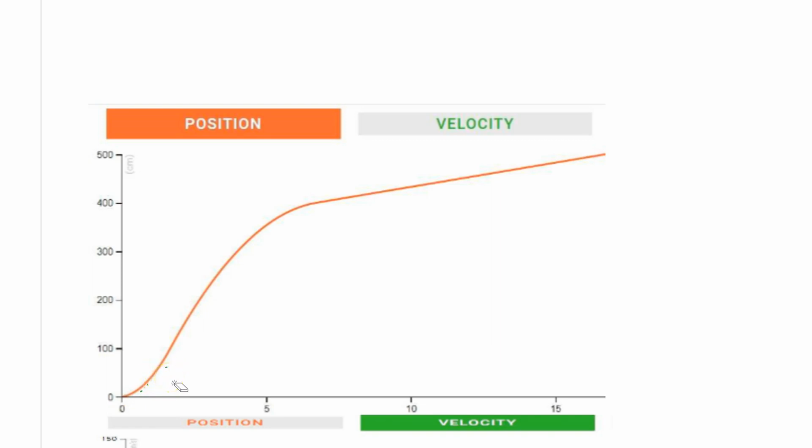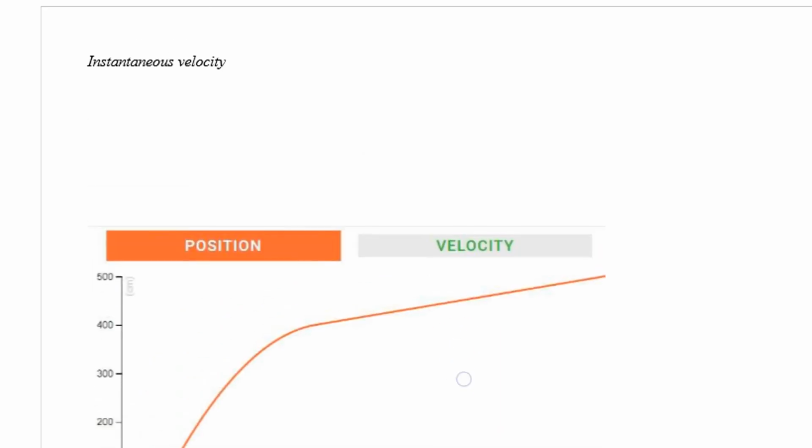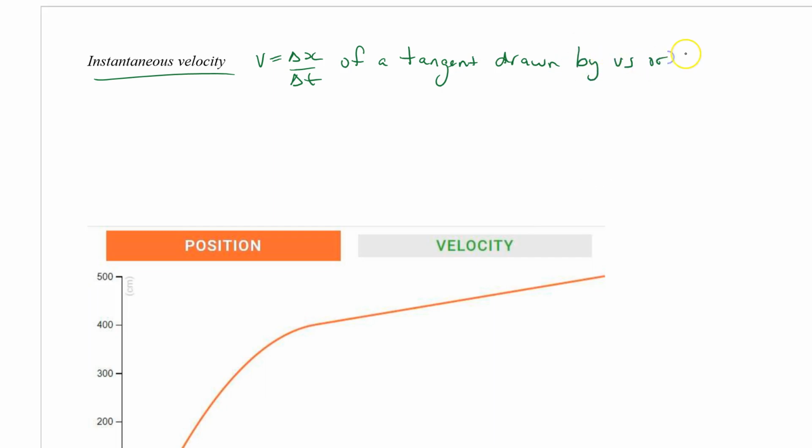So it's a little bit hard to draw. It's possible for us to get software to do it for us, which is a bit better. Let's put our definition: it's also the rise over the run of a tangent drawn by us or by the computer.